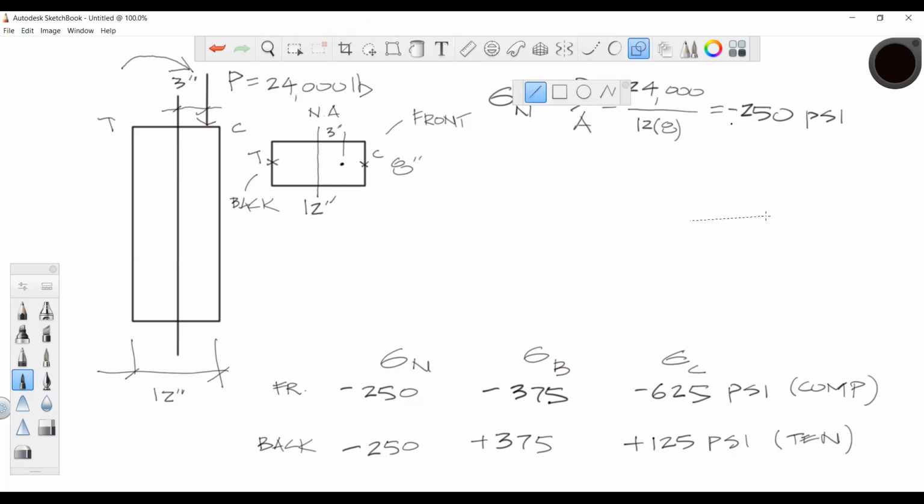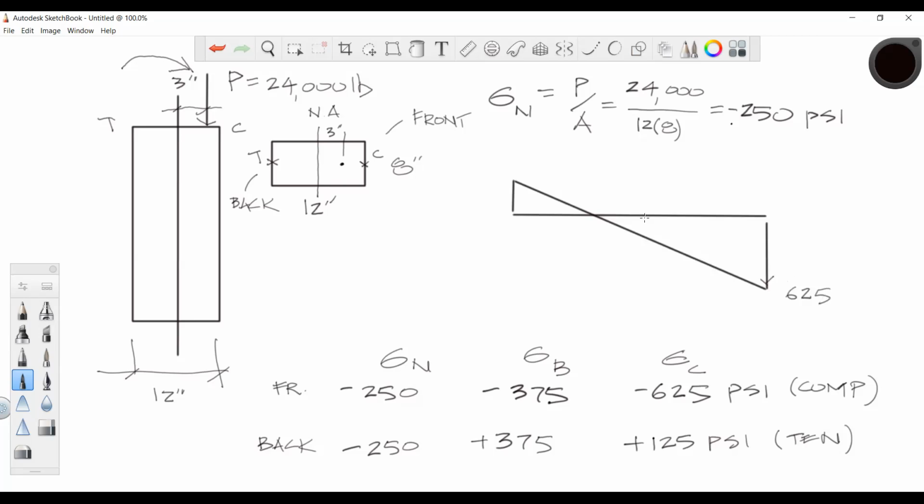So I have a zero axis line. This represents zero stress. I'll put tension on the top, compression on the bottom. So if we look at this, this is a linear relationship, where this guy has a maximum. This represents 625. This represents a tensile stress of 125.